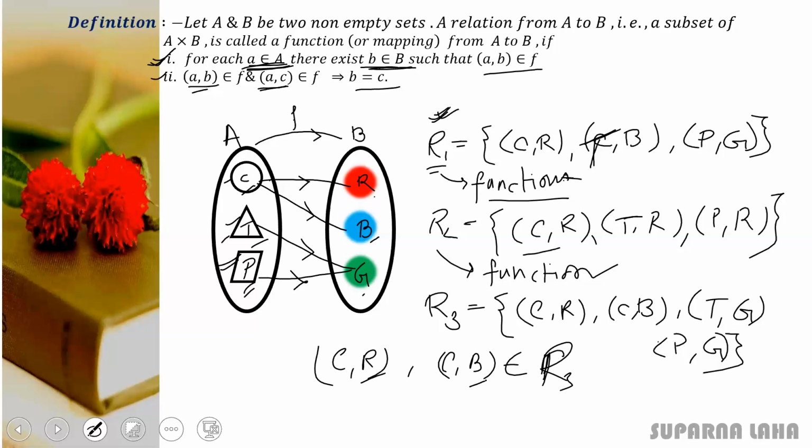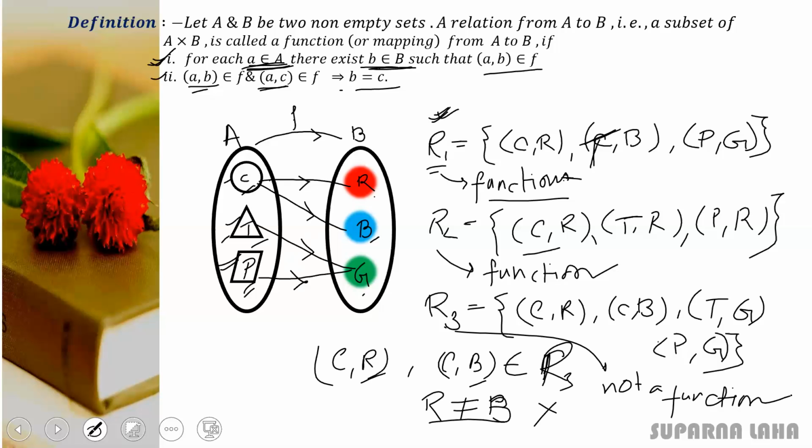For b to be equal to c, R would have to equal B, but R is not equal to B. So the second condition does not hold. So we can say this is not a function. Clear? Which one is a function and which one is not a function?